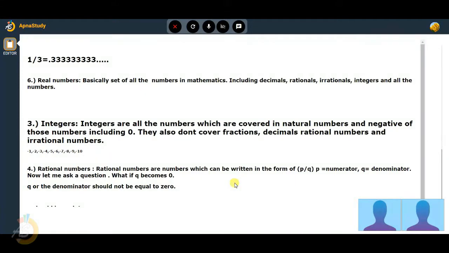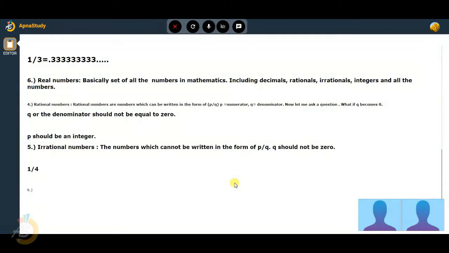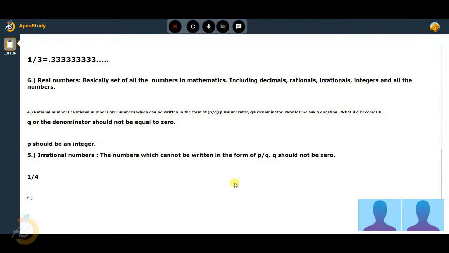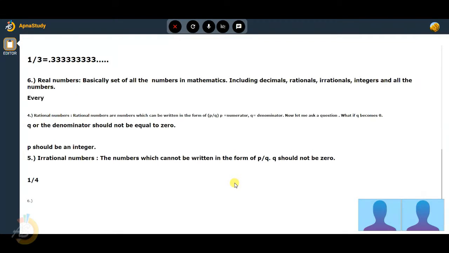Let me ask a simple true or false question. Now the statement I have written, is it true or is it false?